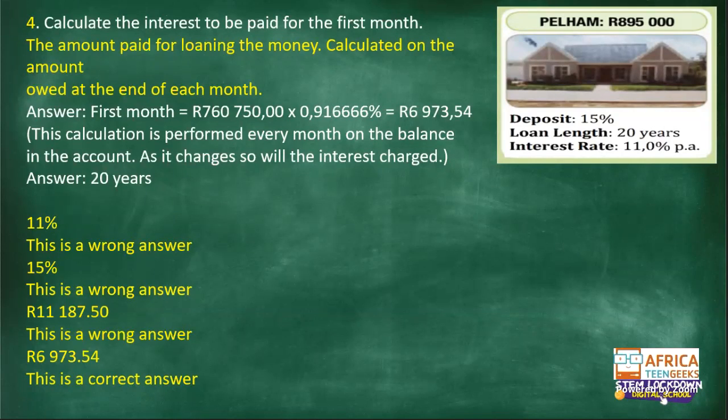And of course, there we are. We now have the monthly amount, but that is the first month. The interest is calculated on the first month. We are still going to show you how to calculate interest for the remainder of the loan period.